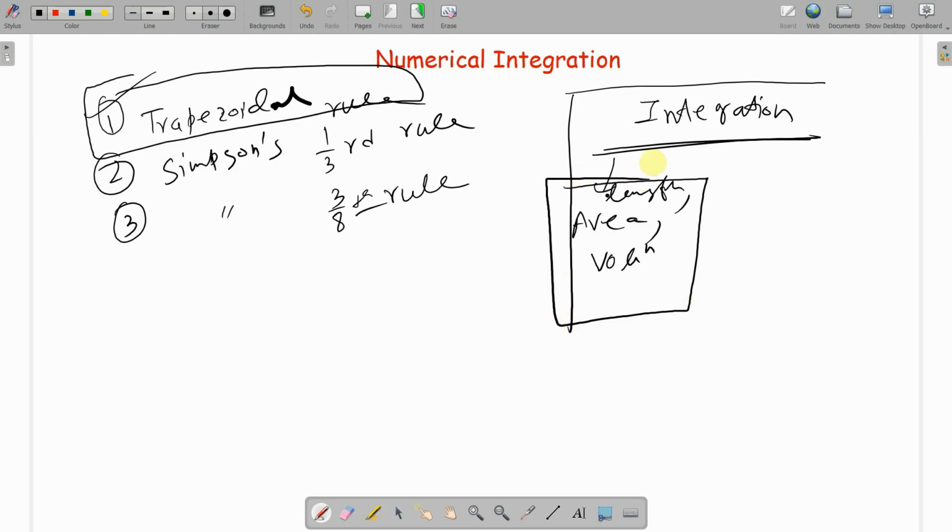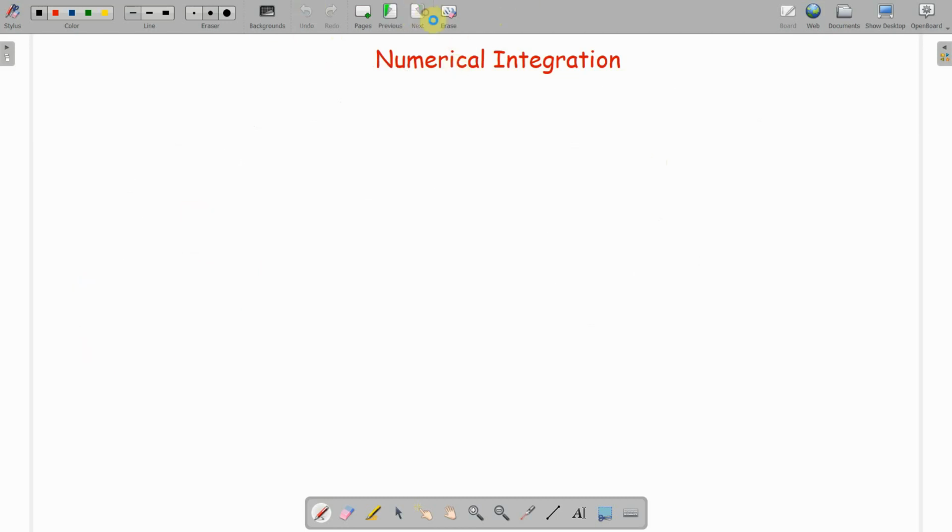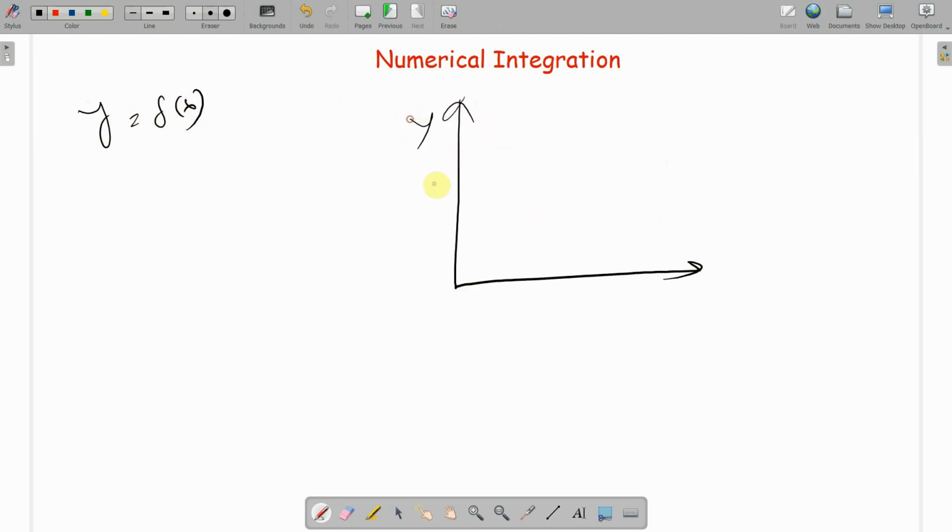So let's consider there is a function y equals f(x). These things are from your school mathematics, I'm refreshing your memories. Let me draw it. This axis is the y-axis, this is the x-axis, and I'm drawing it like this.